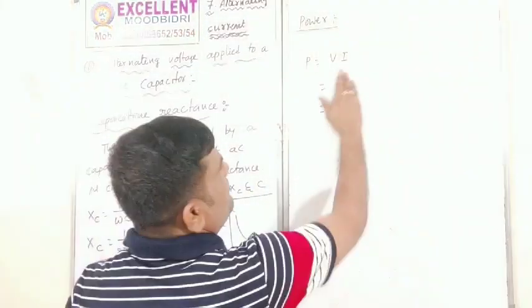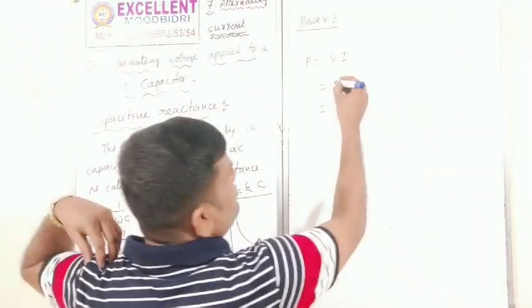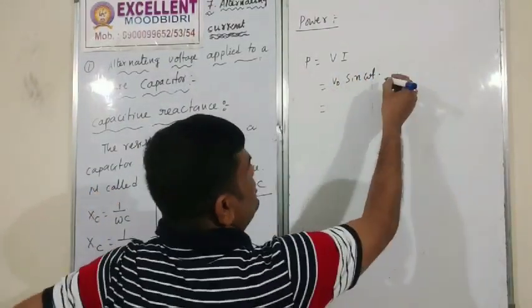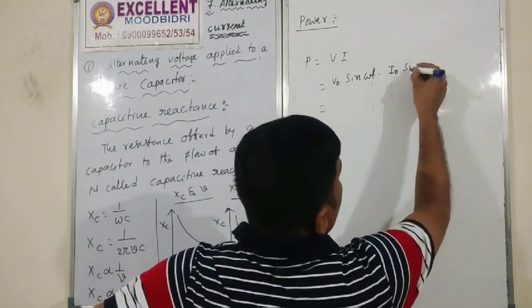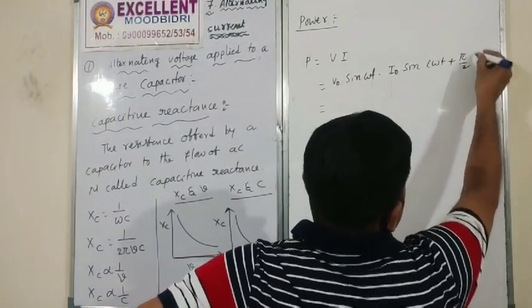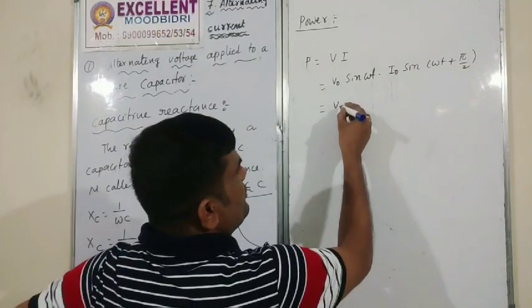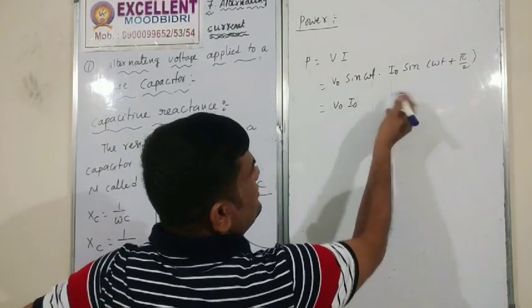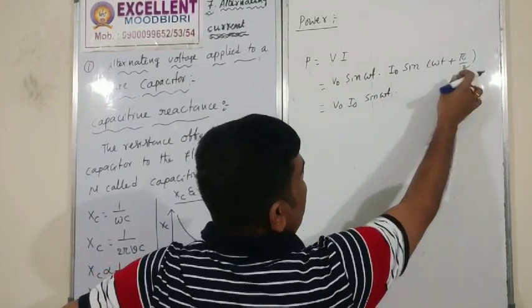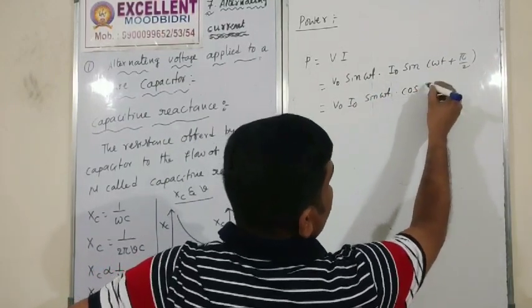We won't follow this formula. V is equal to V naught sine omega t. I is equal to I naught sine omega t plus pi by 2. Therefore, V naught into I naught, sine omega t into sine 90 plus theta, which is cos theta.